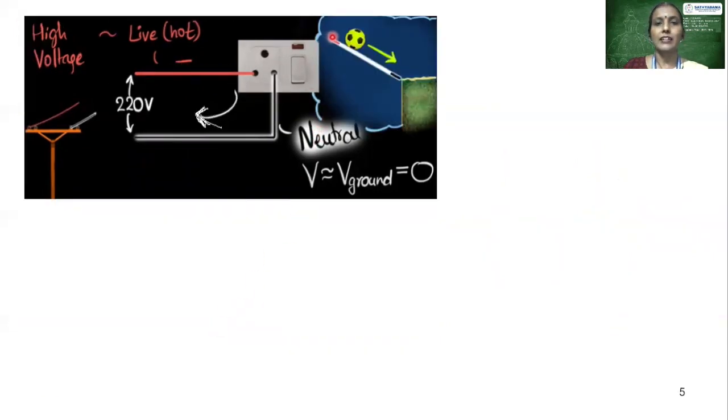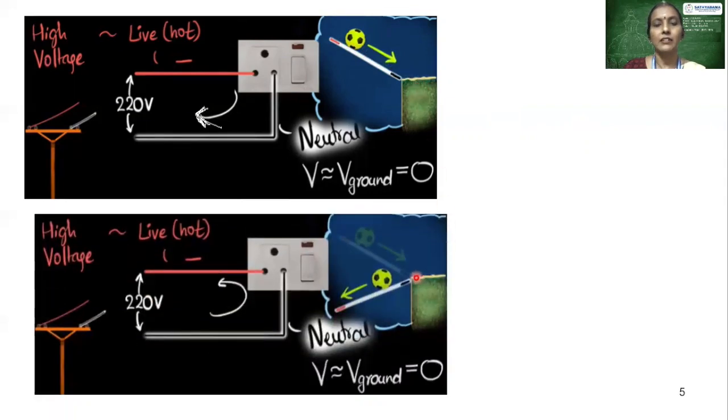Let us see with an example so that you will never forget. I have taken a slider. I have considered the neutral wire to be at ground here, and you can see that when the voltage is at positive maximum, the ball will slide from phase to neutral. Whereas when the voltage is at negative maximum, the ball will slide from neutral to the phase.